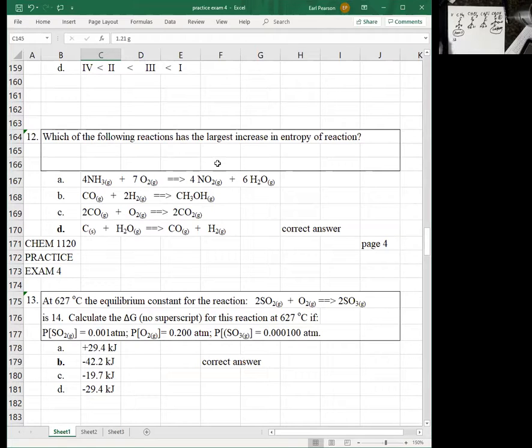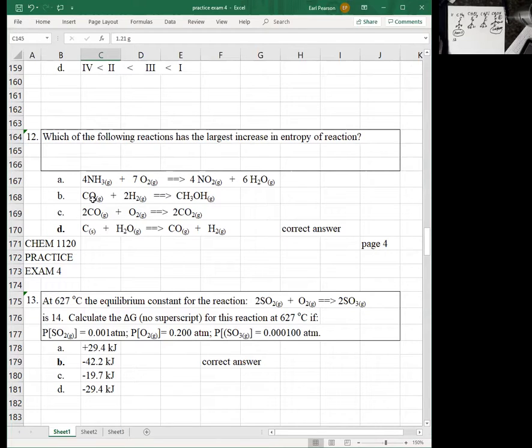These are all gases, but on this one, I've got 11 moles of gas going to 10. That's a decrease in entropy, so it's certainly not that one.